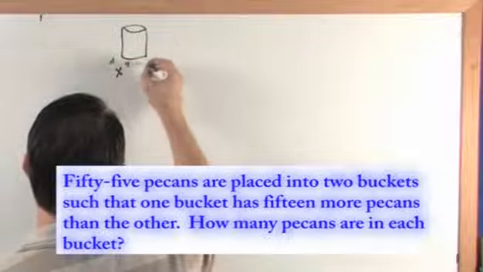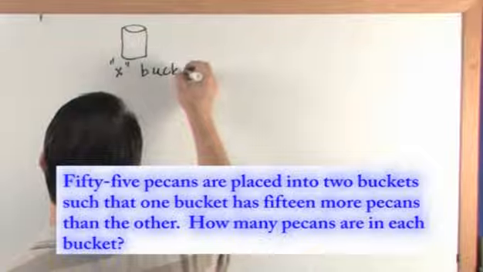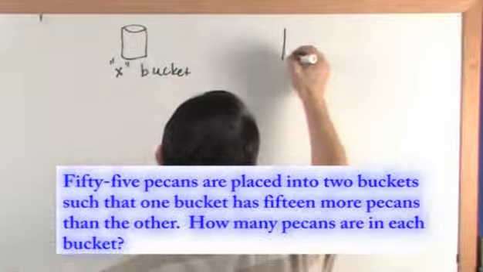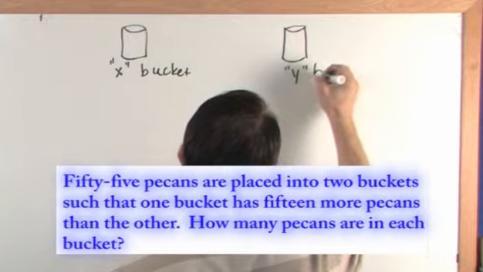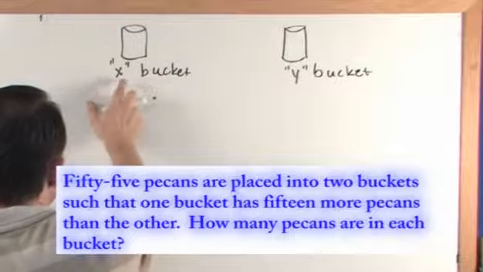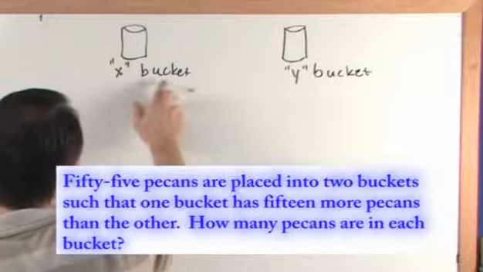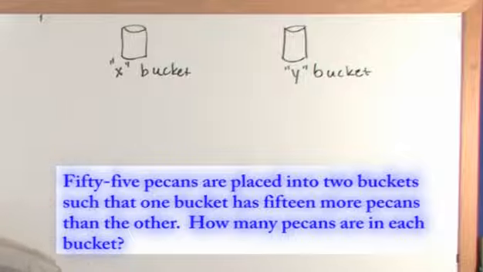X is a bucket, and here's another bucket over here, the Y bucket. X is going to be the number of pecans in the first bucket, and Y is going to be the number of pecans in the second bucket. Now let's talk about how they're related.